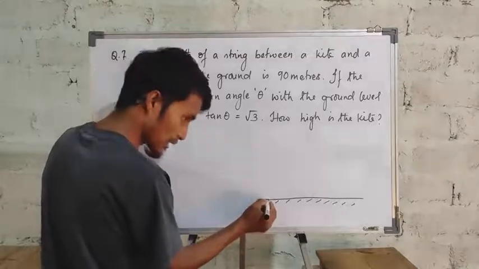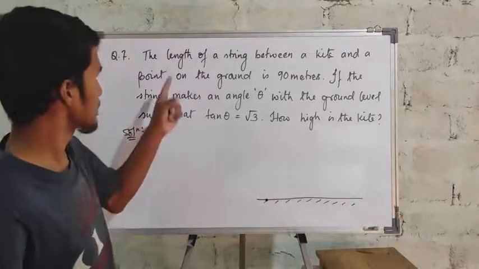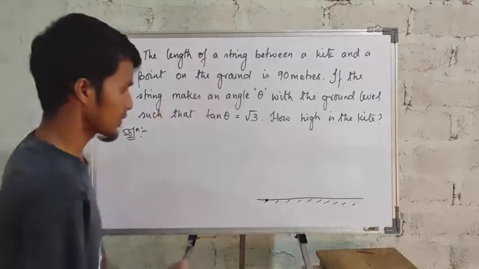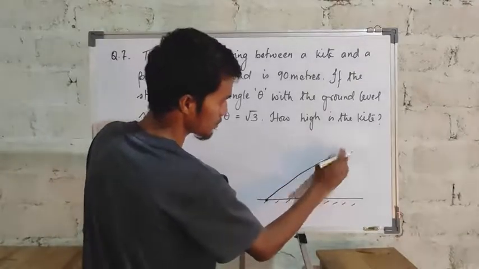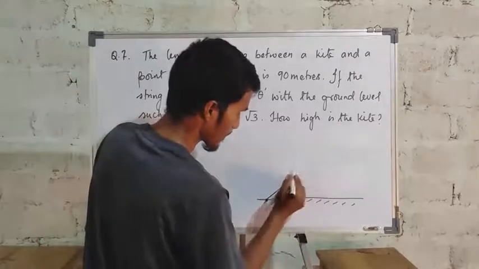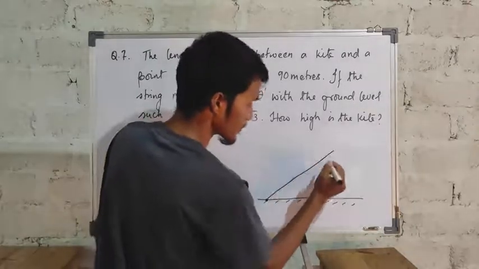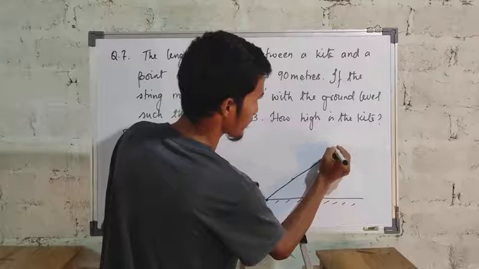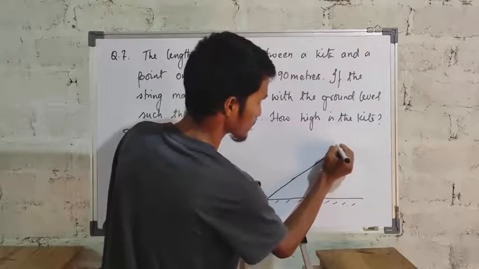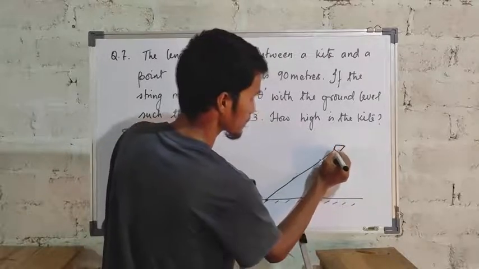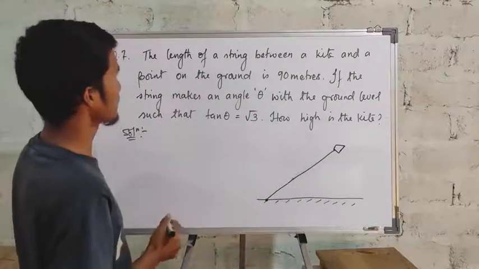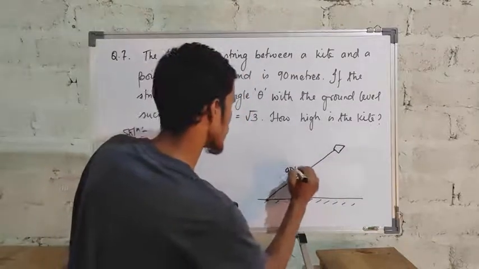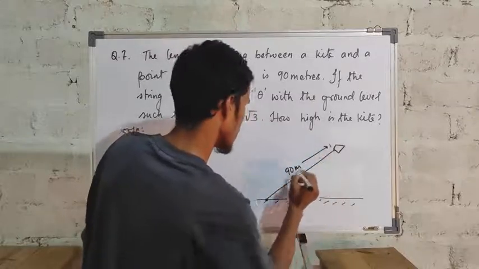Okay, and consider this is the length of the string up to a kite. Consider this is kite. Length of string between a kite is how much? 90 meter. Now this is 90 meter.